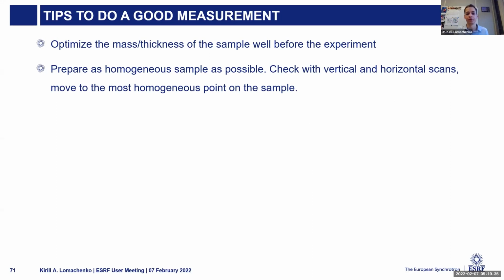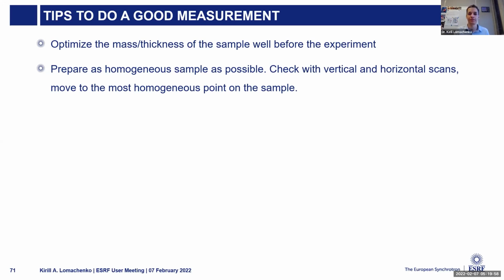So when you do experiments with heating, be careful and be sure that your cell does not move. And if it moves, try to compensate for it. There are ways to do so. You can use a feedback with move. You can move, for example, the table with the cell as a function of temperature.